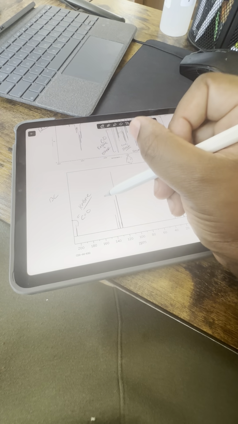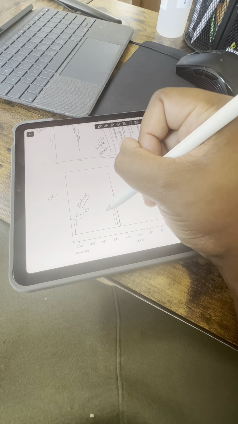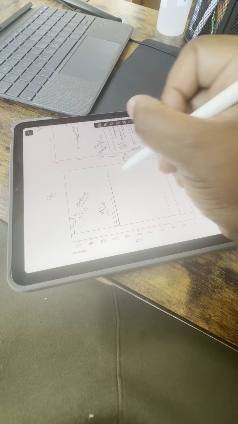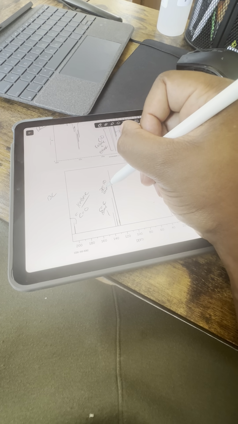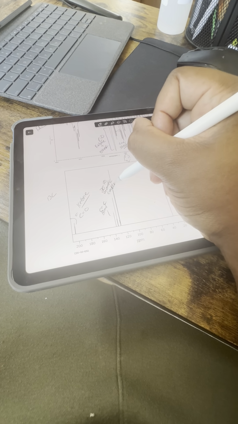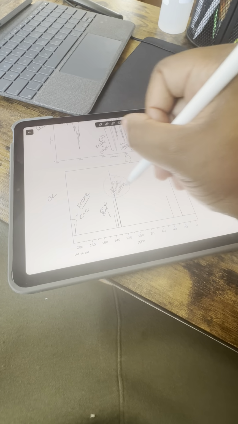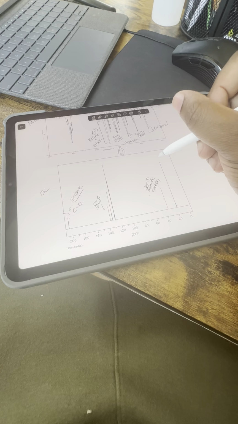Between 120 and 140, there's going to be a C=C bond. Between 30 and 40, there's going to be an aromatic carbon, and a C-C aliphatic bond at the 20.